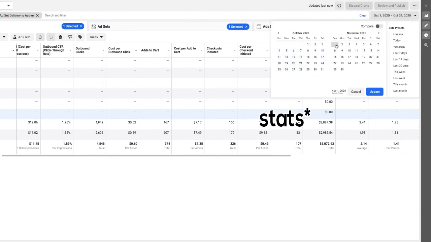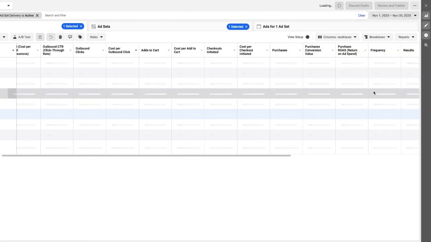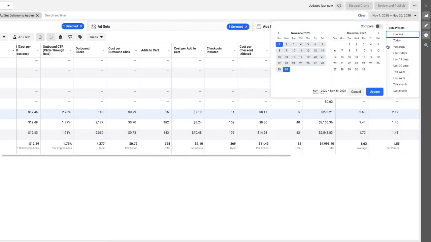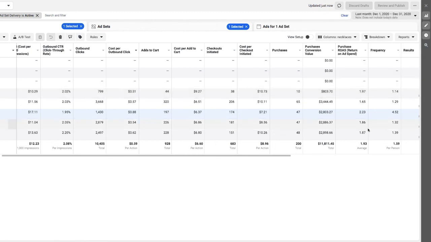If I look at the metrics for November, they were 1.7 overall, which is just a tad under, but I decided to keep the ad on, and you'll see that the month after, it actually went up again. All right, so this is what I meant by setting rules.